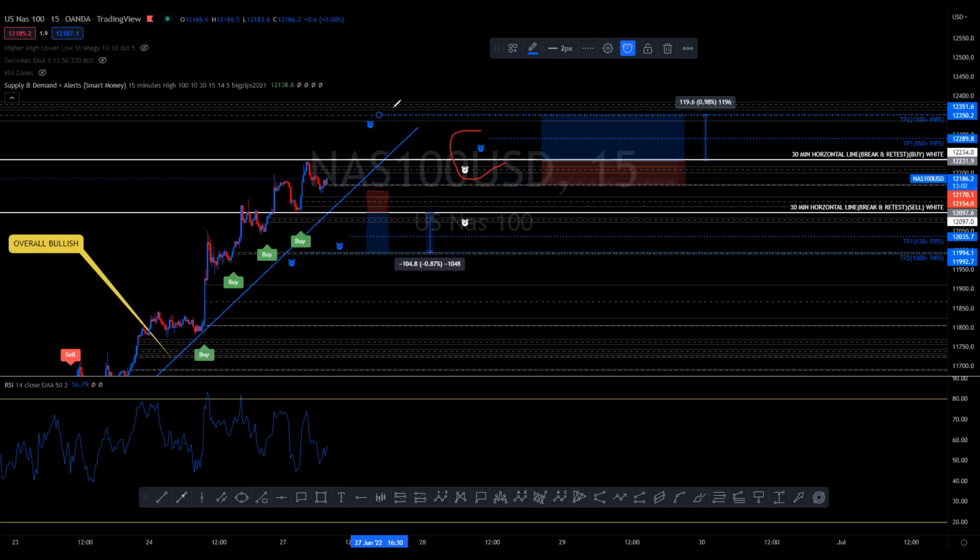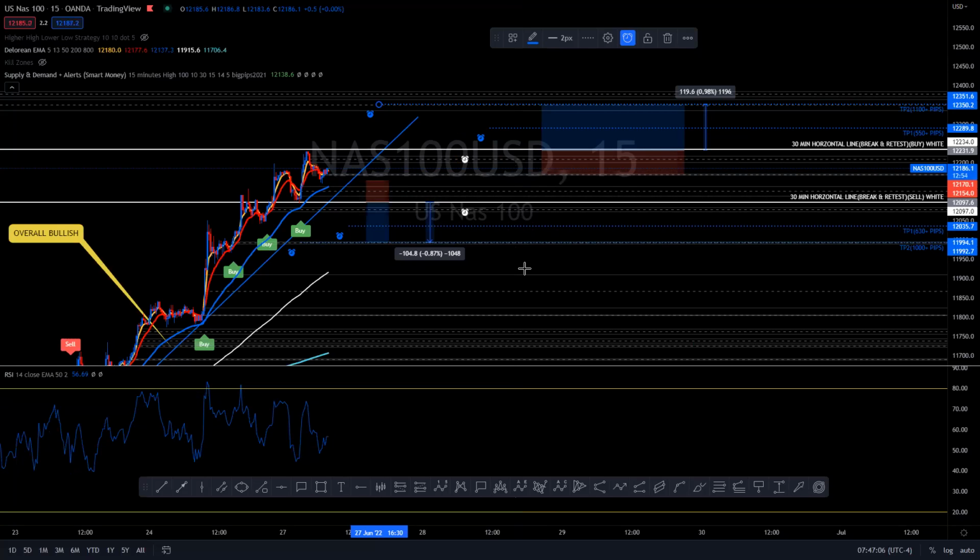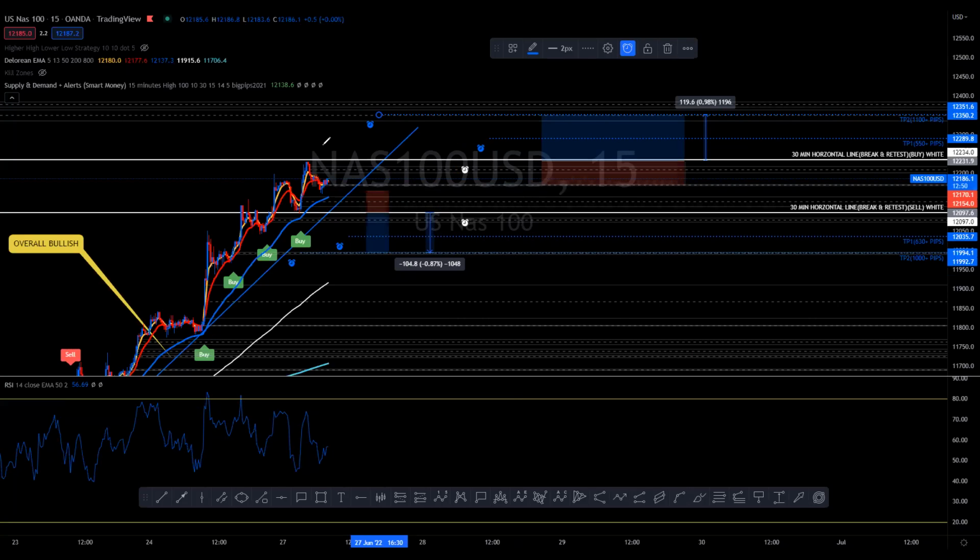All right. So now that I got my alerts set, the very next thing I'm going to do is turn on my Delorean EMA indicator. Typically, this is really the only EMA indicator I use, because it gives me all the moving averages that I need to look at to see exactly where price is at.